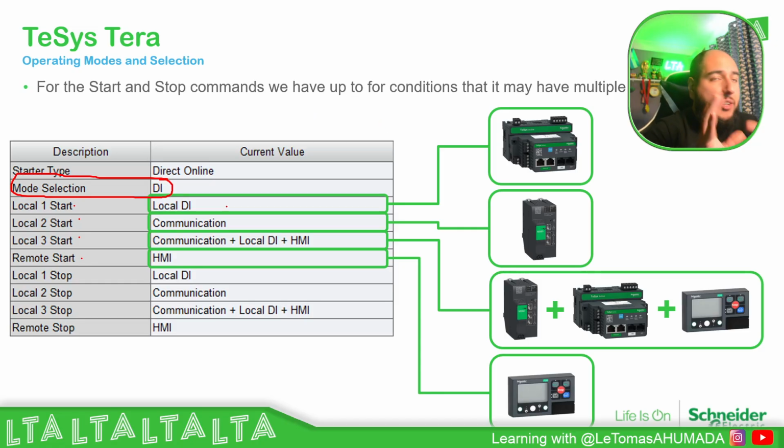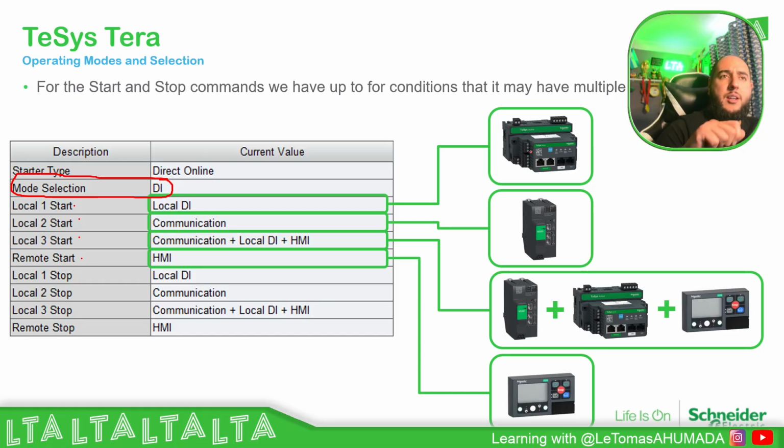For example, to understand how this works, I have the mode selection as DI. If I use 2 inputs, I can switch where I'm going to control this from. If both of them are off, then the start command will come only from the IOs.